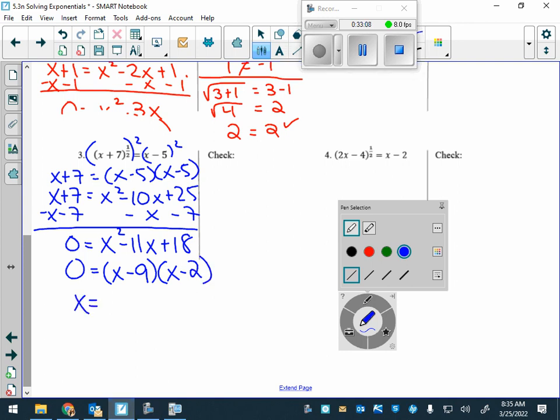So what are your 2 possible solutions? Good. 9 and 2. Then when you checked it, did they both work? Did one work? Both didn't work? What do we got?